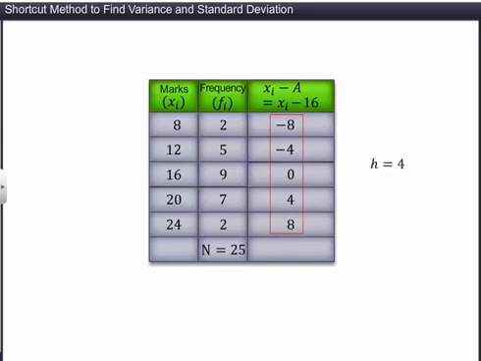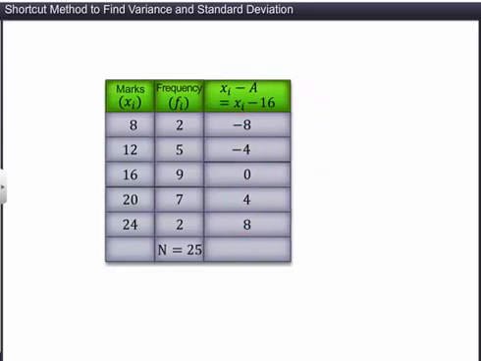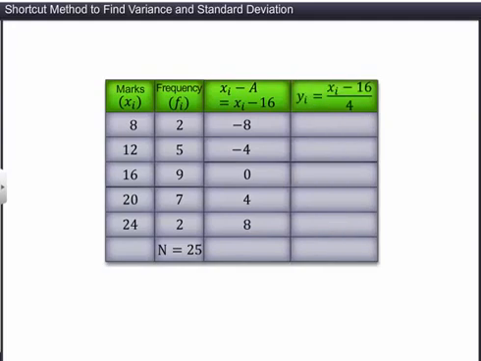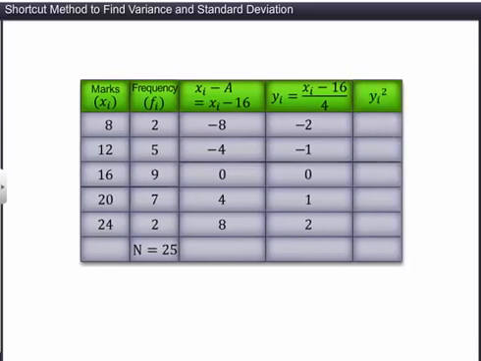Next, yi is equal to (xi minus A) whole divided by h. The values of the yi's are calculated as -2, -1, 0, 1, 2. The squares of the yi's are obtained as 4, 1, 0, 1 and 4.